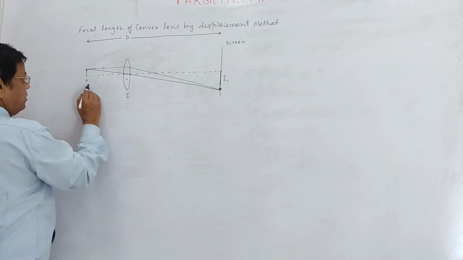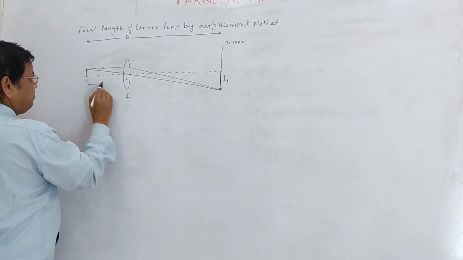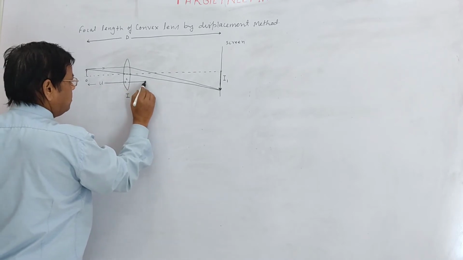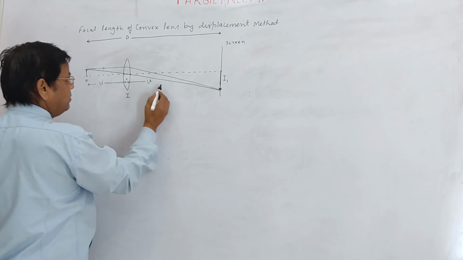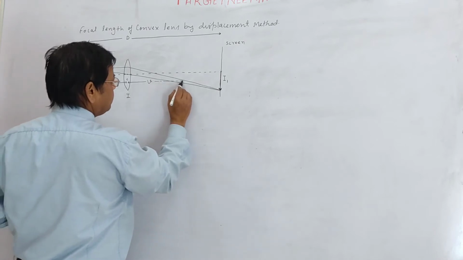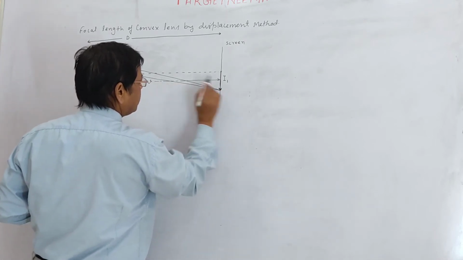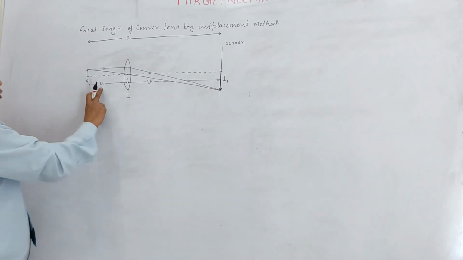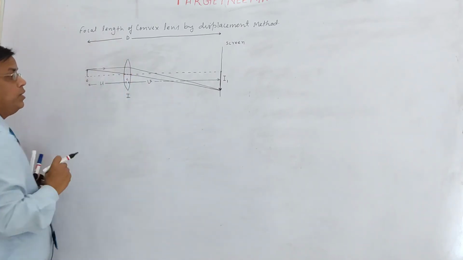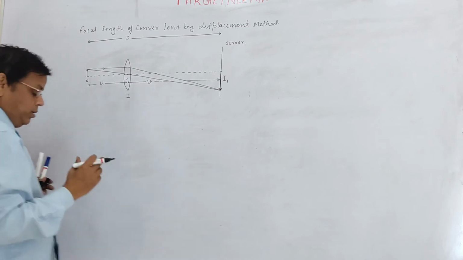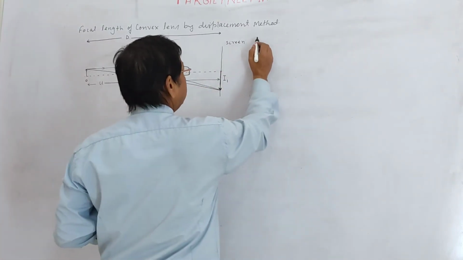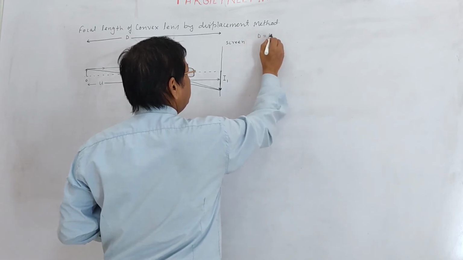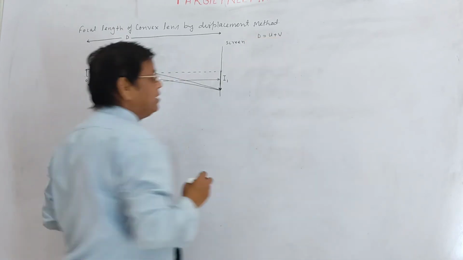Now if you take this distance as u, then this distance will be v, the image distance. So from this observation we can say u plus v is equal to D. So one relation you can write, D is equal to u plus v.